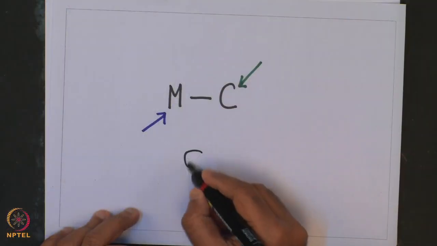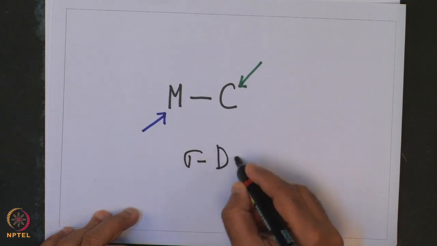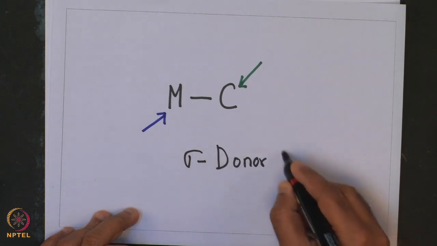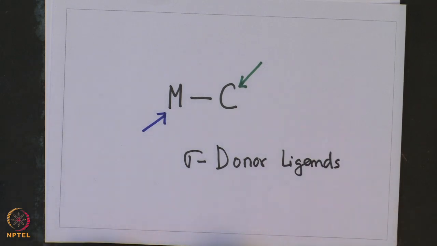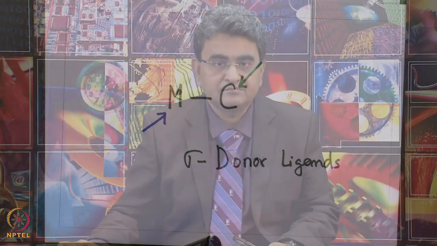So, to start with, in this lecture we would be discussing the most basic of the ligands of organometallic compounds, and these are sigma donor ligands. What this means is that these ligands have sigma orbitals which are involved in bonding with the metal center.